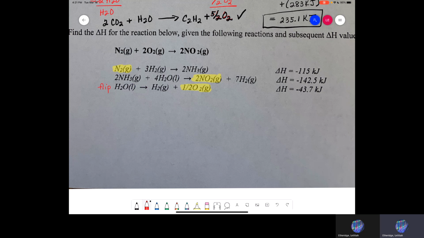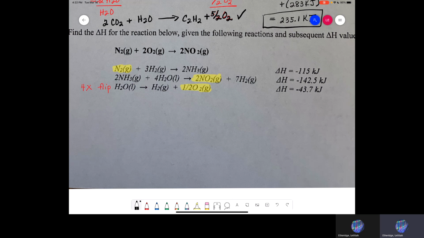And then the next thing is I need to turn this 1/2 into a 2. So how are we going to do that? You're going to multiply the coefficient by 4. 4 times 1/2 is going to equal 2. So those are your instructions.